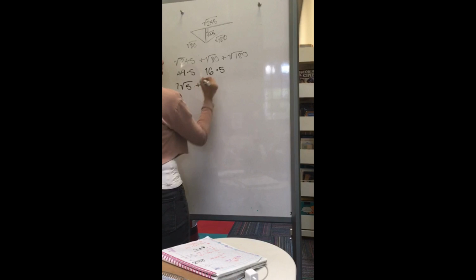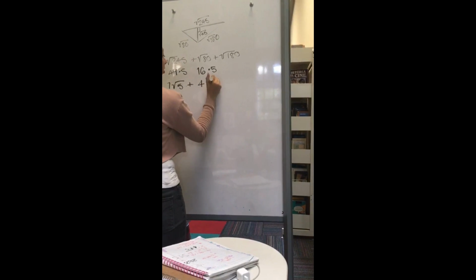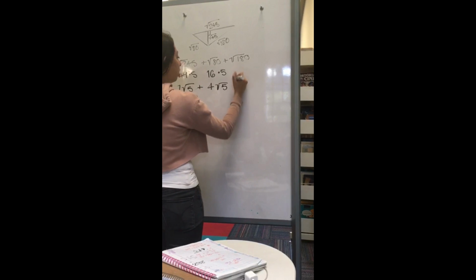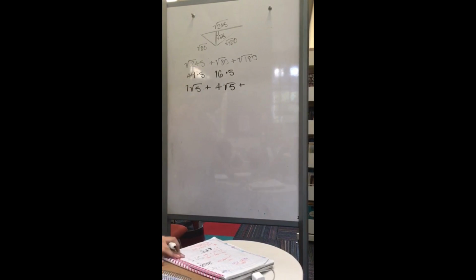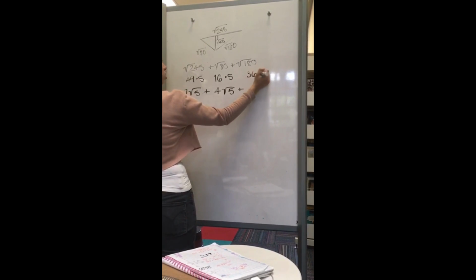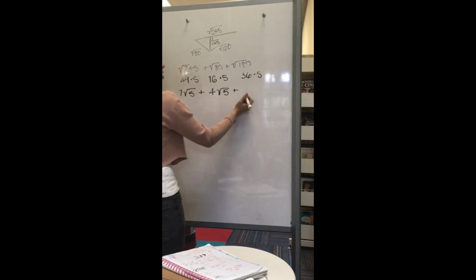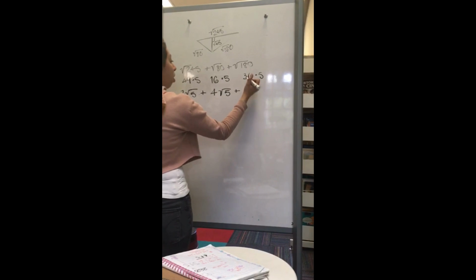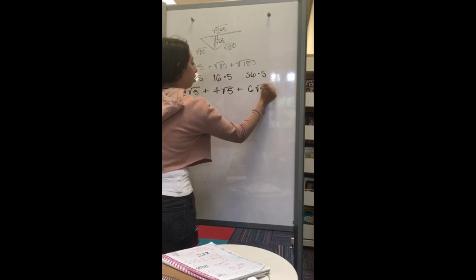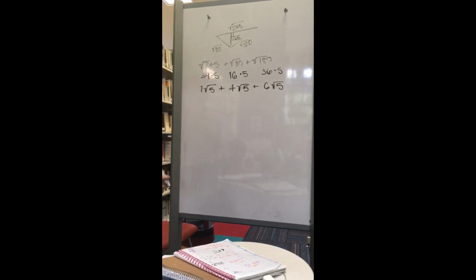The square root of 16 is 4, and 5 also stays like this because it doesn't have any square root. And in 180 is 36 times 5. So the square root of 36 is 6, and we have the square root of 5 here.